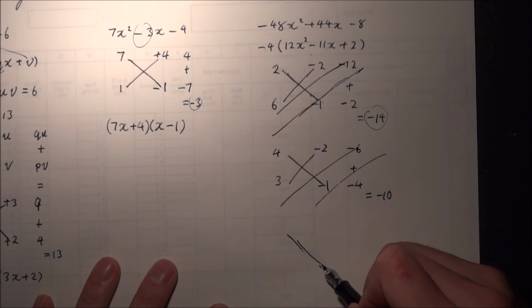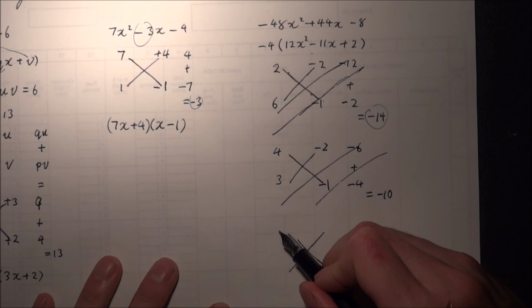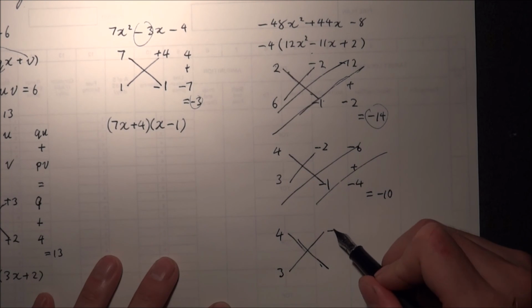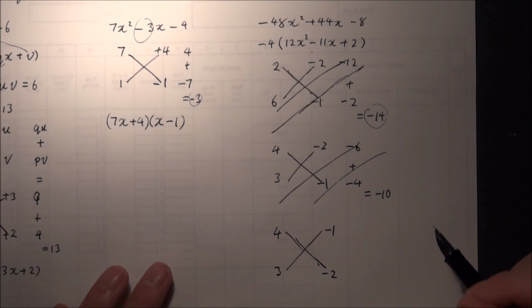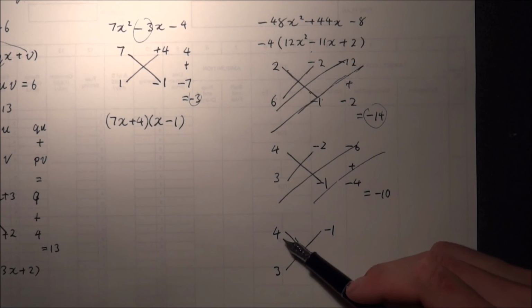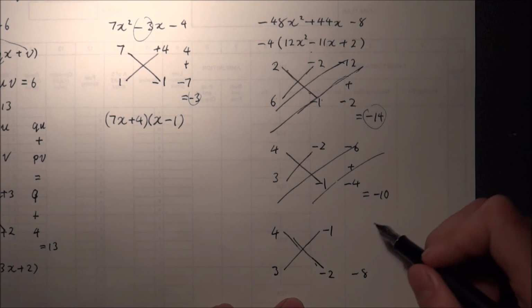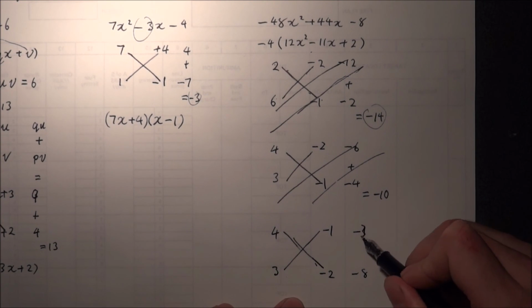So how about we switch the last two around? So once again, 4, 3, negative 1, negative 2. Now 4 times negative 2 equals negative 8. 3 times negative 1 equals negative 3.